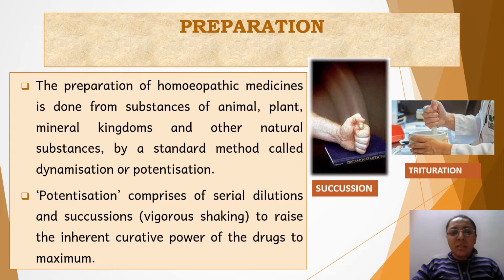Potentization means a serial dilution and succussion process which helps to raise the inherent curative power of the drugs to the maximum, as you see in these pictures, the process of succussion and the process of trituration. These both methods help in potentization.